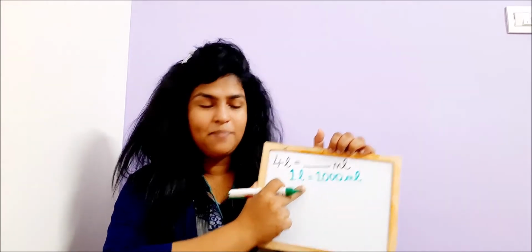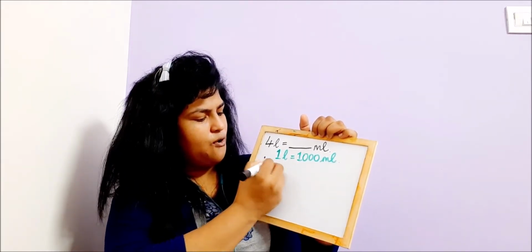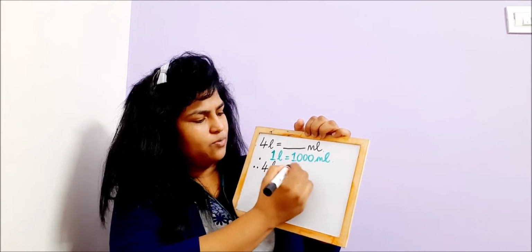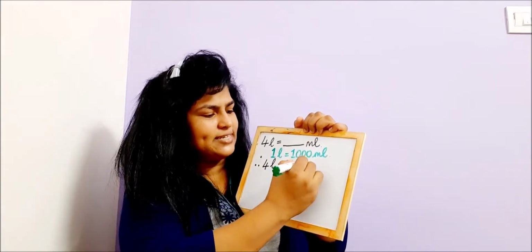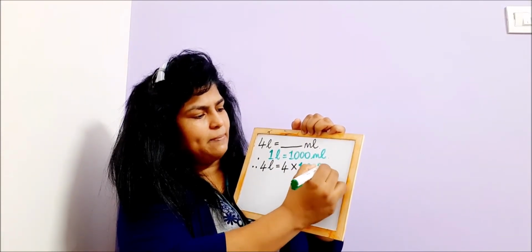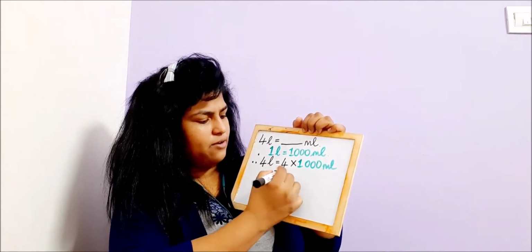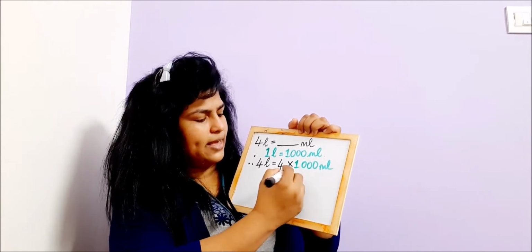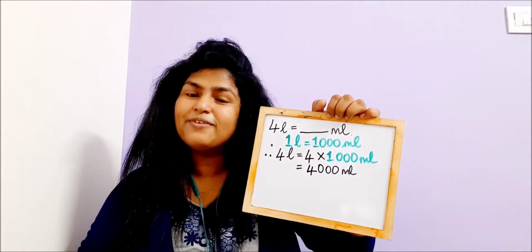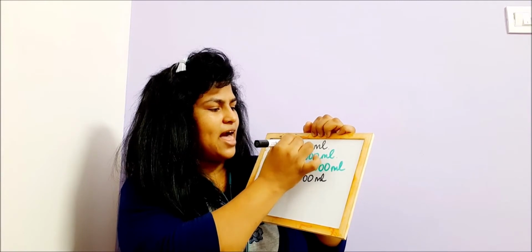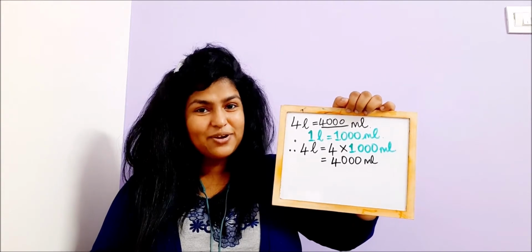Therefore, 4 liters is equal to 4 multiplied by 1000 milliliters, which is 4 ones are 4 and put the 3 zeros and the ml. The answer is 4000 milliliters. Finish.